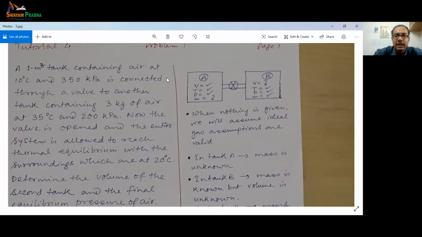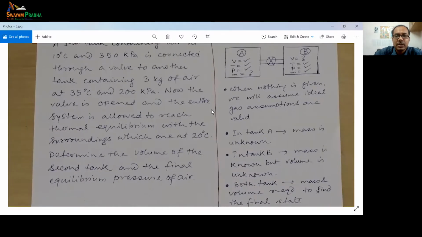As well as the heat can be exchanged with the surroundings, and ultimately the whole system, the combination of both the tanks, will come to equilibrium. So that means both of them will come to 20 degrees centigrade, which is the surrounding temperature.